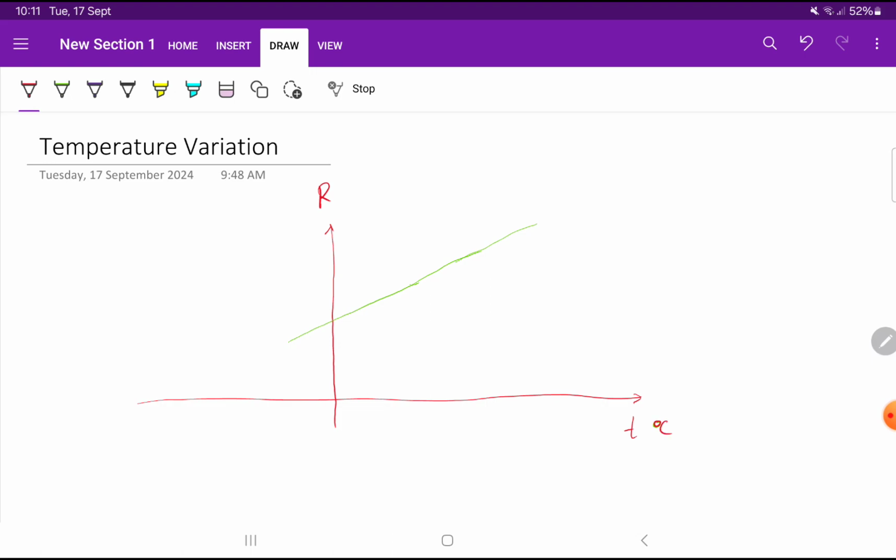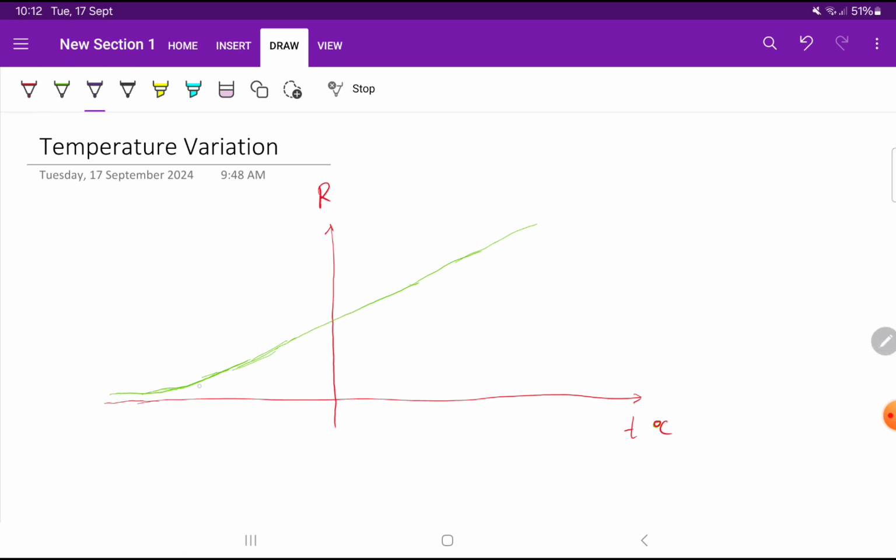When they went lower than 0 degrees Celsius and decreased the temperature further, they found out that the linear property becomes like this. It does not directly intersect our x-axis, the temperature axis.